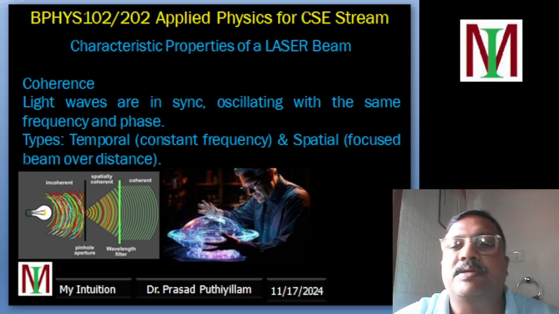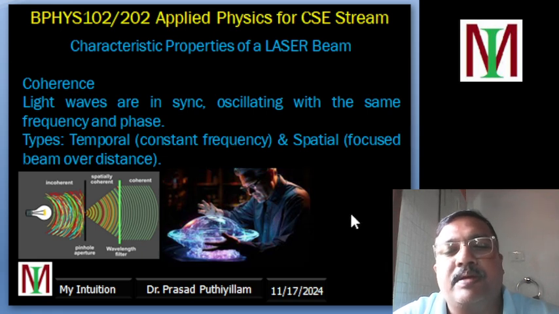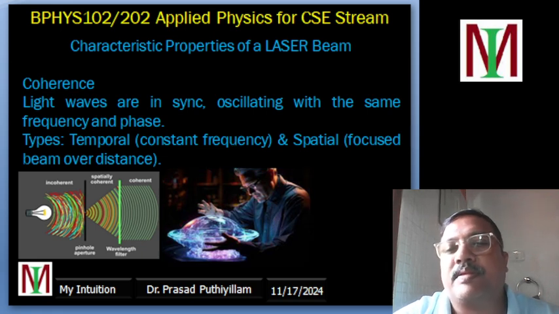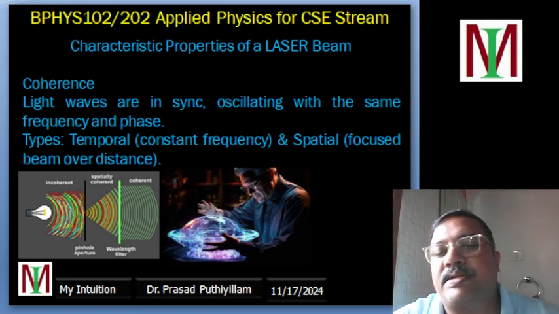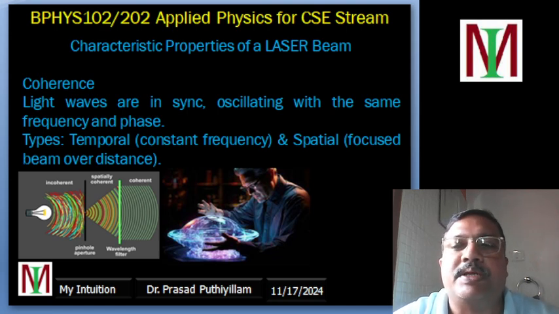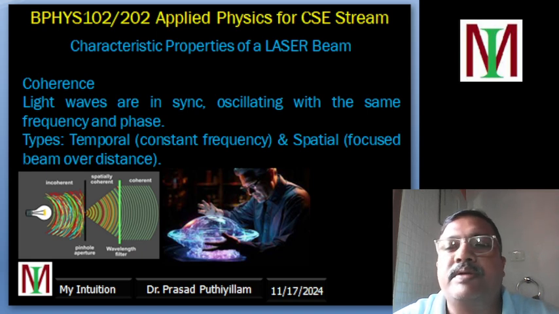You see the image given here, a three-dimensional presentation of an object using laser light. So this temporal coherence is very important for applications like holography or high precision measurements.